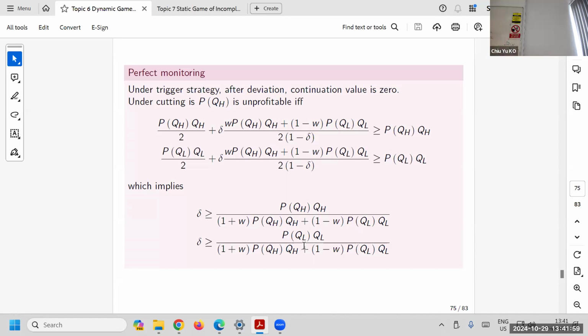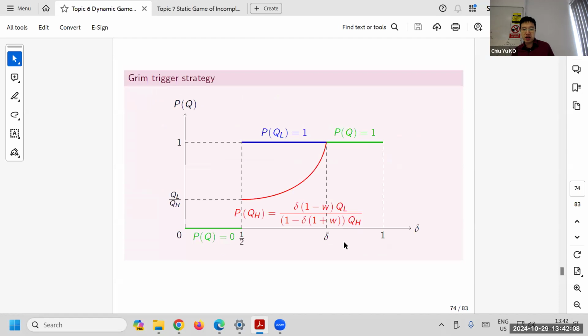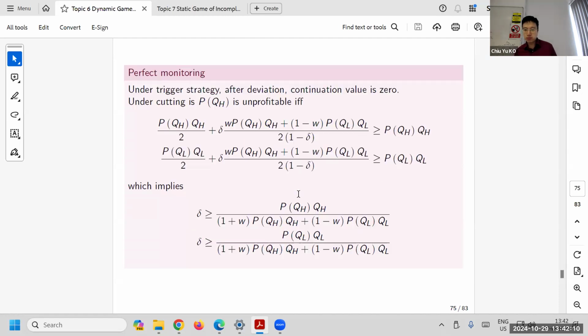So I guess I didn't explain this one. Actually, it's very simple, but somehow I missed it. So why do we have this? Okay, I look at this one. This is what one supports, right? This is the one strategy required for this to happen. So if our delta is very high, we can always put 1.